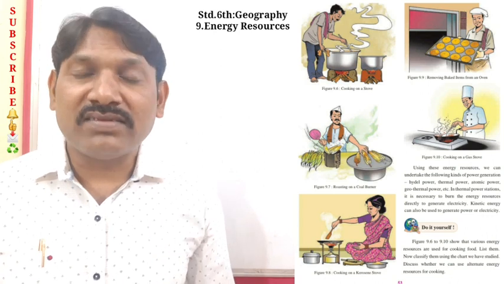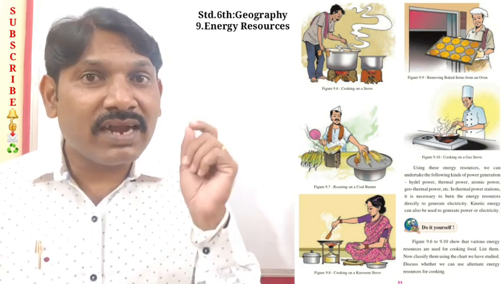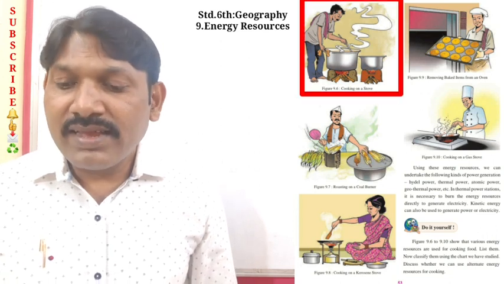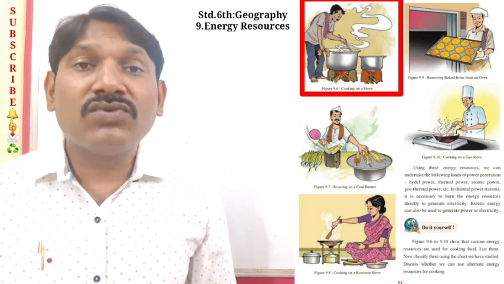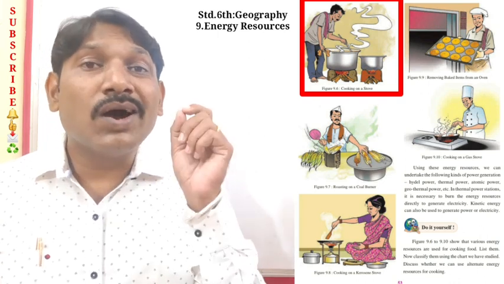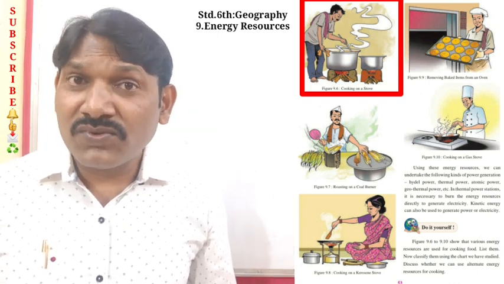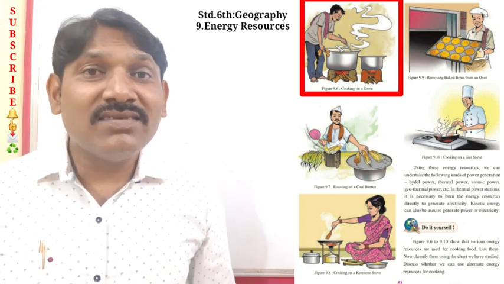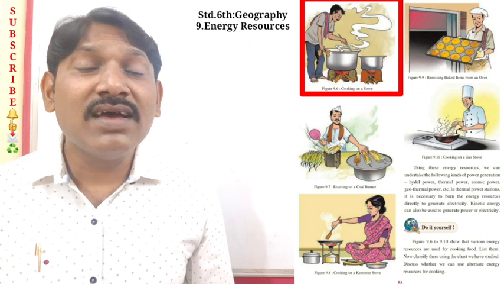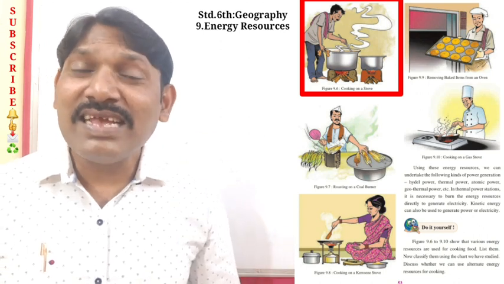So let's start with the first figure, that is 9.6. Here, student, cooking on a stove is being done, and to cook here wood is used. Student, you know that wood is a natural resource and it is called a substance based energy resource.